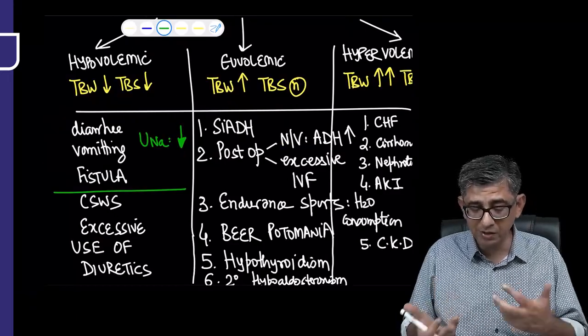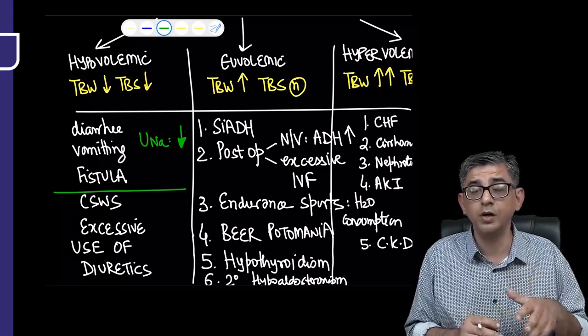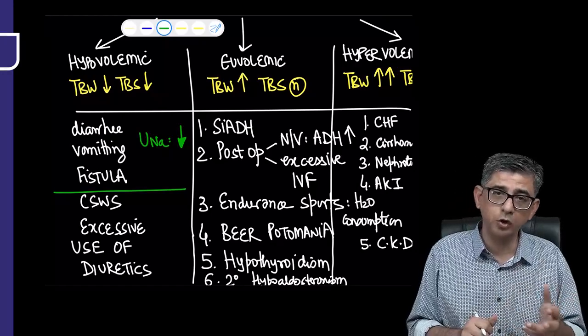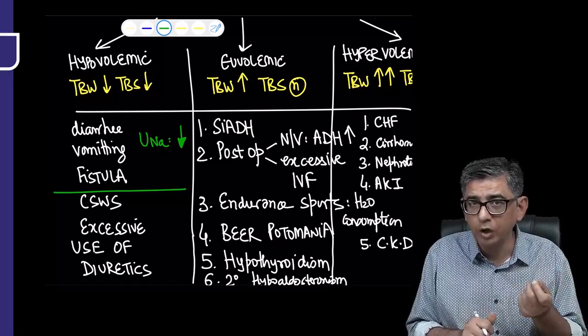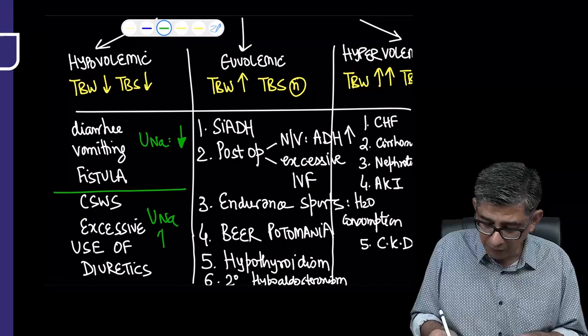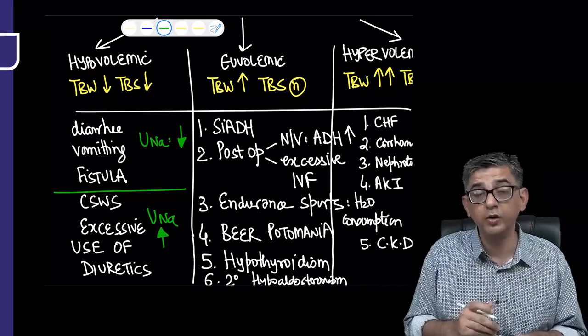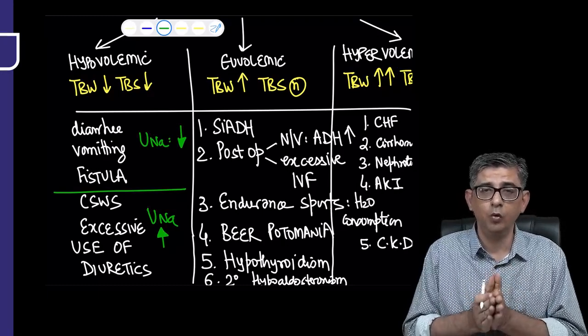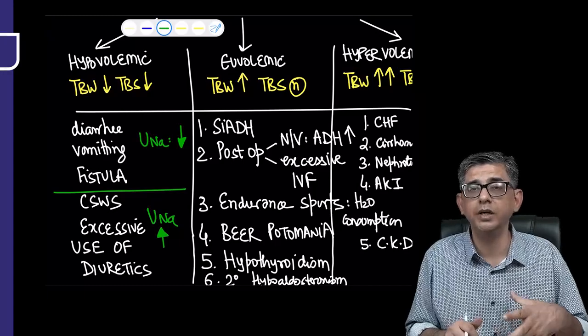But if you are using excess amounts of diuretics, how do they act? They prevent absorption of salt and water. In cerebral salt wasting syndrome, BNP is causing natriuresis. Natriuresis means sodium is being lost. So the latter two conditions would have an increased amount of urinary sodium. So urinary sodium can help you identify which of these could be the possible etiology.